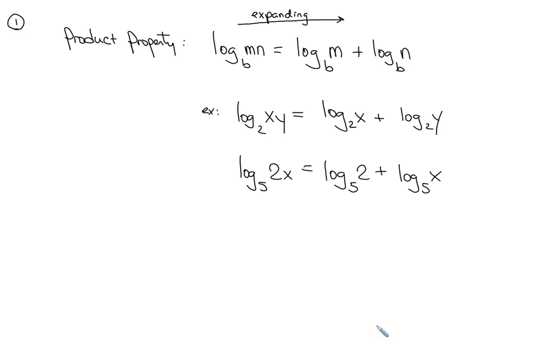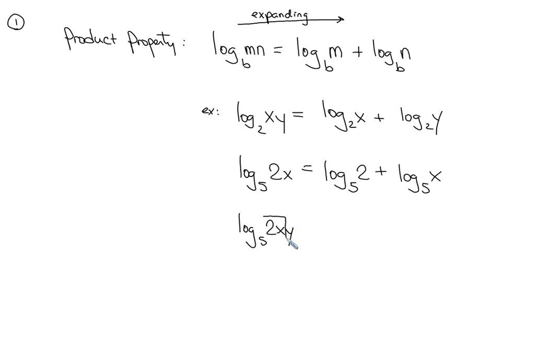That's all it does. Now, let me ask you this, guys. I said that you can only do what it says that you can do, nothing else. What if this was log base 5 of 2xy? Could we use this property? Actually, you can, but you've got to just tweak the way you think about it. This says I can take the log of two numbers being multiplied. Can I think of this as two numbers being multiplied?